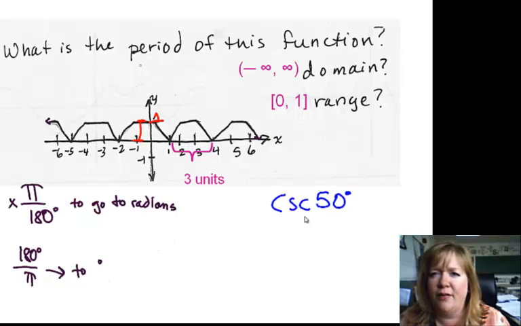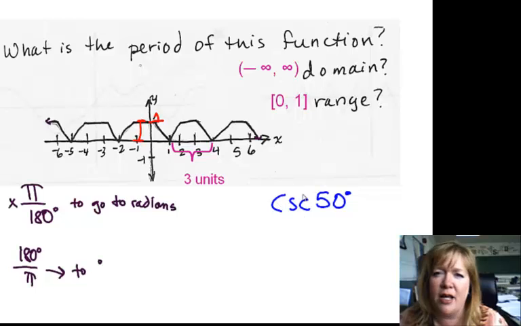Also, if I have something like cosecant of 50 degrees, they're trying to refresh your memory on how to put that in the calculator. Cosecant is the reciprocal of sine, so you don't use sine -1. That's wrong. That's sine inverse, which you would use if you're looking for the angle.